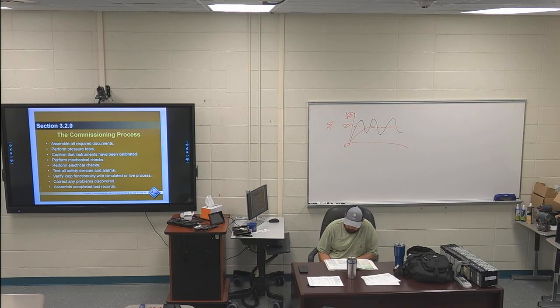At the end of the process, tests are done with the loop in its normal operating configuration. Out to the side of that second sentence, I wrote automatic mode. So at the end of that process, you put it in automatic mode to make sure it works. Good?